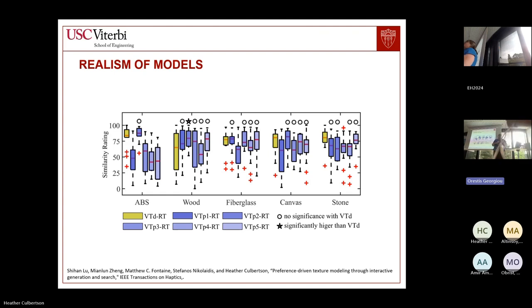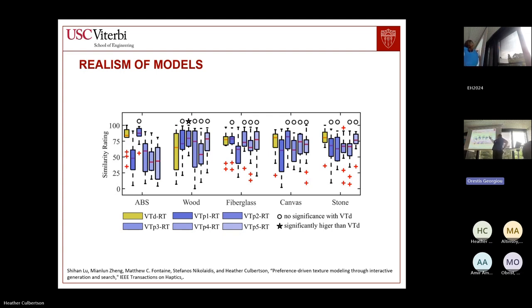One set of 5 participants just did the modeling, and these are participants with no haptics experience at all, people who have never worked with textures and have no idea about the terminology of textures. And then a second group of 15 participants determined the realism of those models.